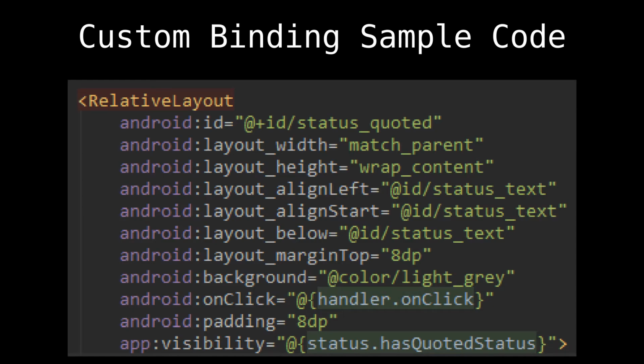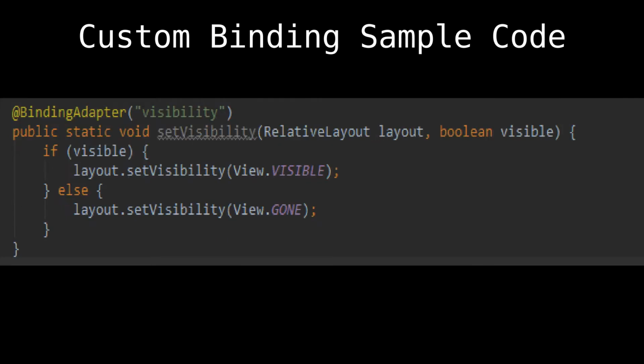But we're going to go with this method just to show that you can do things like this with the data binding library, but definitely be careful, because if you're adding too much logic here, it becomes very difficult to debug, and you don't really want too much logic going on in your layout files, because you want to keep your code and your layouts a bit separate.